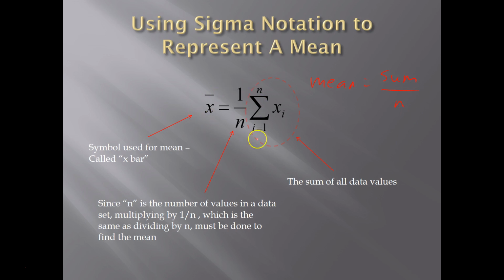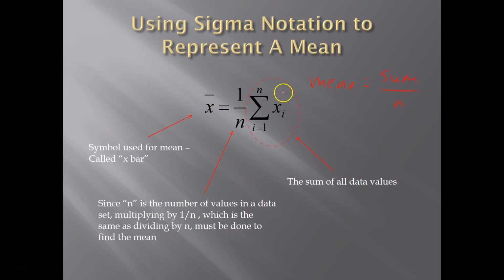Now on the left, in the middle of the screen in black there, you see this X with a little vertical line segment above it. That's called X bar. And in statistics, anytime you see an X with a bar above it, it means average. It means a sample mean. You're finding a sample average. So that's what the X bar means. In this case, this is saying your mean equals.